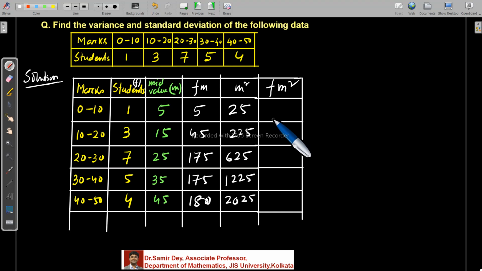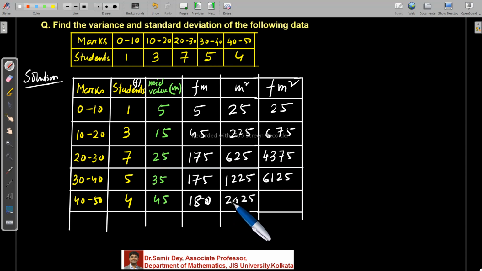Now what is your fm square? Multiply f with m square. It is coming 25, that is 1 into 25, then 3 into 225 is 675, 7 into 625 is 4375, and 5 into 1225 is 6125.